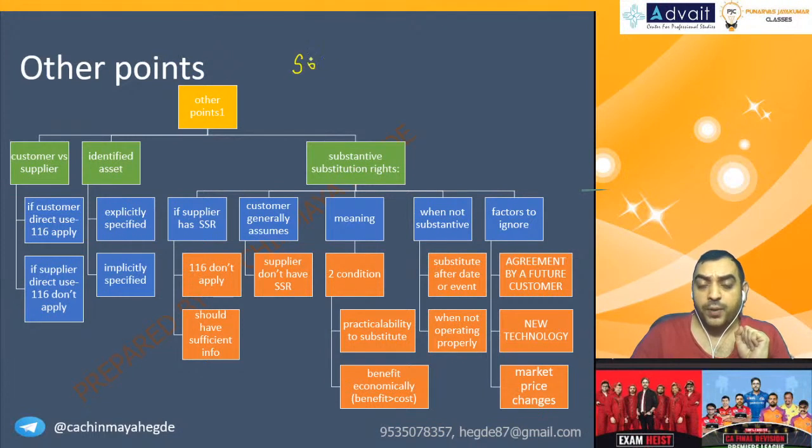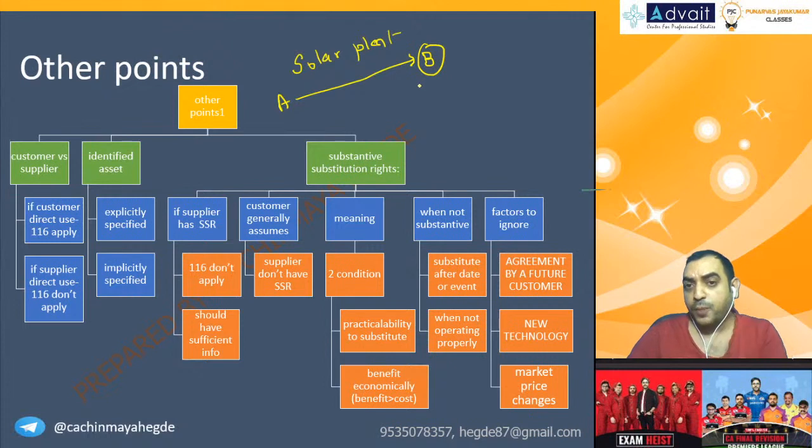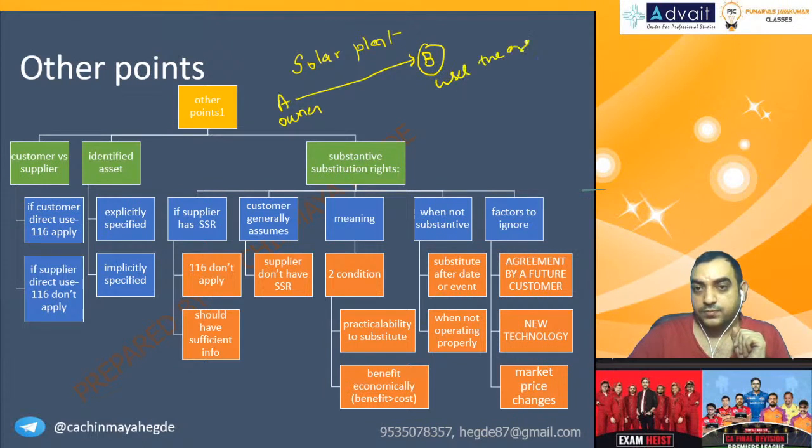There is one solar plant. Now A Limited gives the solar plant to B Limited. So B Limited, if you apply this, becomes a lessee. A is the owner and B Limited is the one who uses the asset. Now government gives 2 kinds of subsidy.